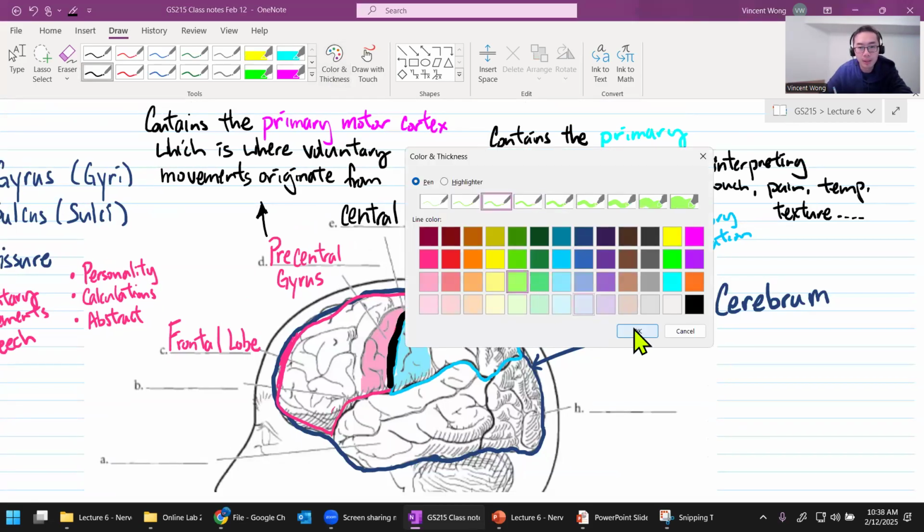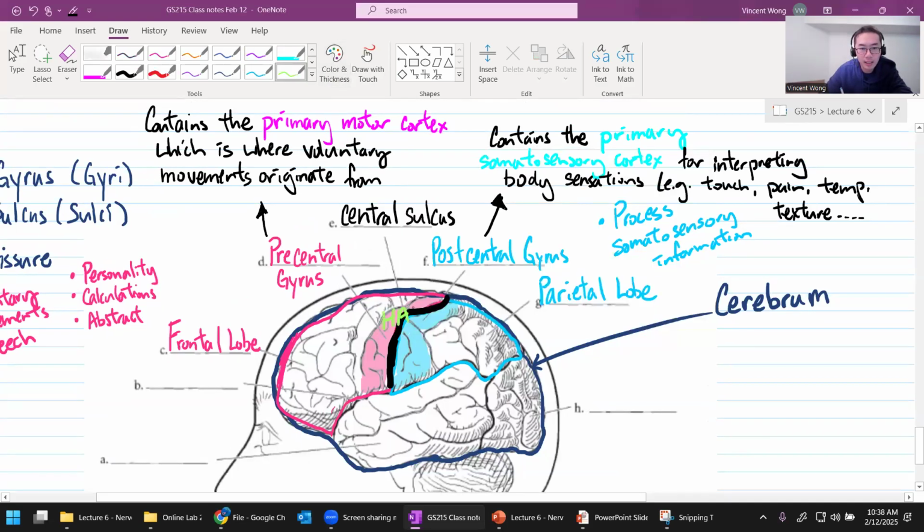For example, this is where you can control the hand and feel the hand. Okay? And then further down here, that's for the face. This is where you will control the face and feel the face of the other side of the body. Okay, so we're looking at the left brain here.